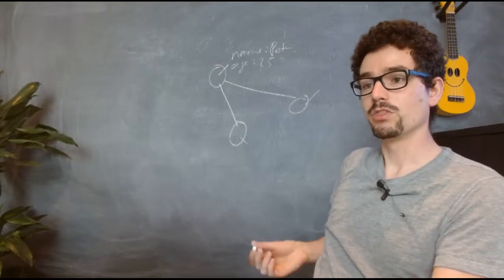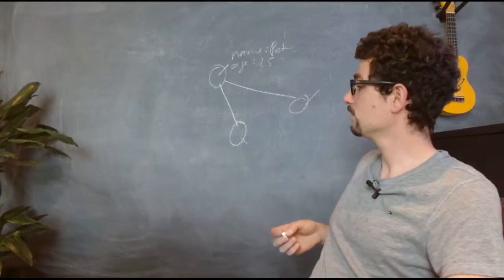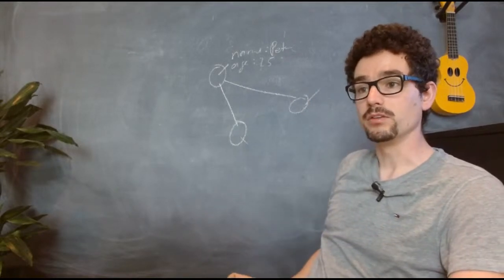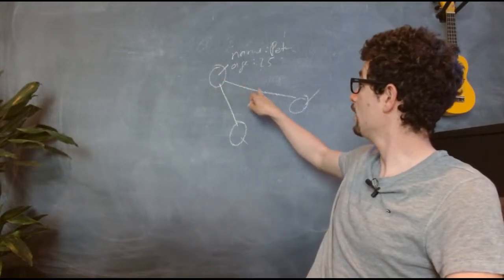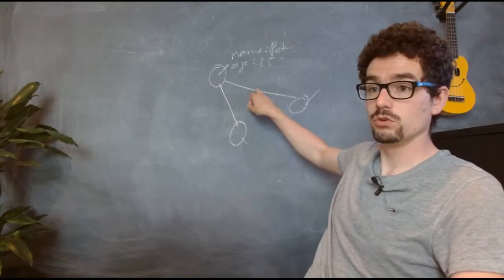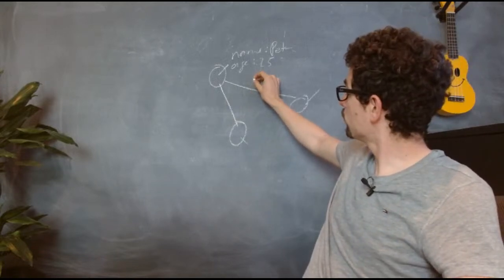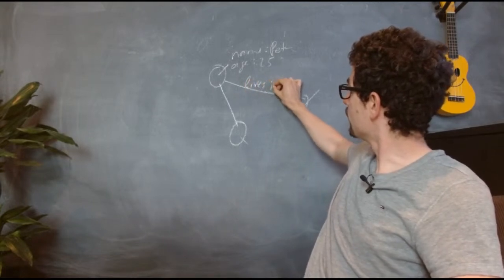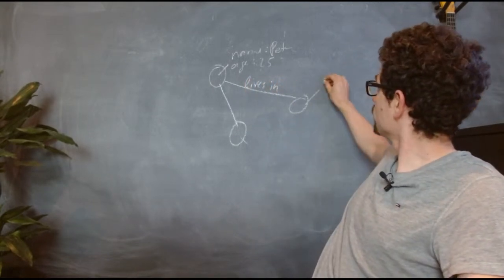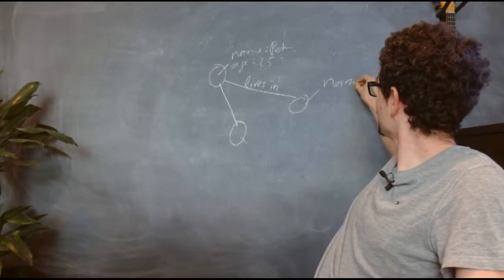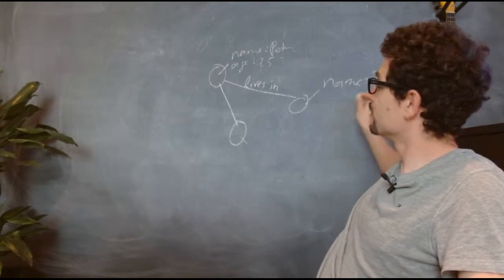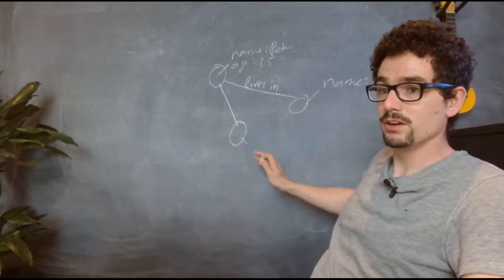And so these are properties, and nodes and edges have labels. And this edge can, for example, have the label lives in, and then here name is Berlin. Peter lives in Berlin.